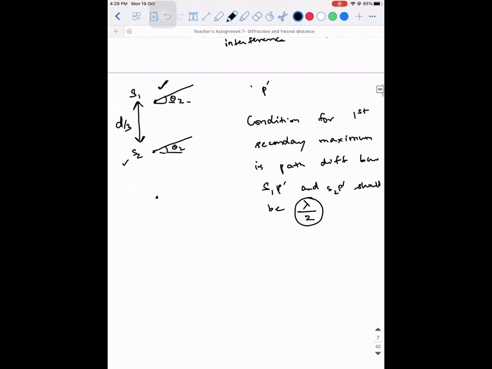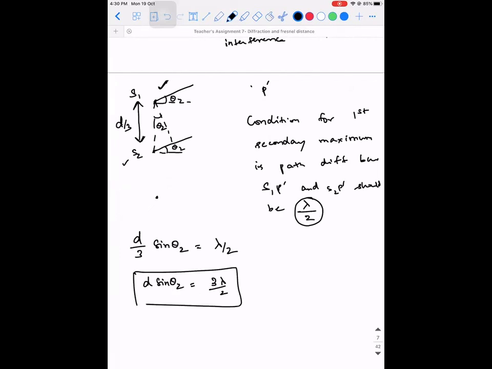So what is the path difference? If I drop a perpendicular, if this is theta 2, it's similar to the previous case. So path difference will be d by 3 times sine theta 2 is equal to lambda by 2. Accepted? So what should be the value of d sine theta 2? That should be 3 lambda by 2.